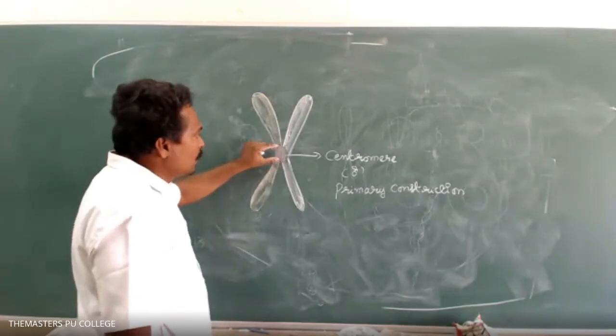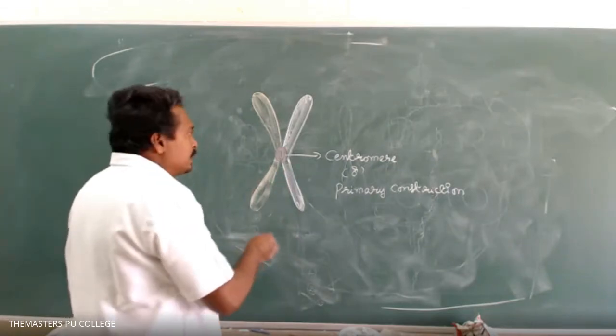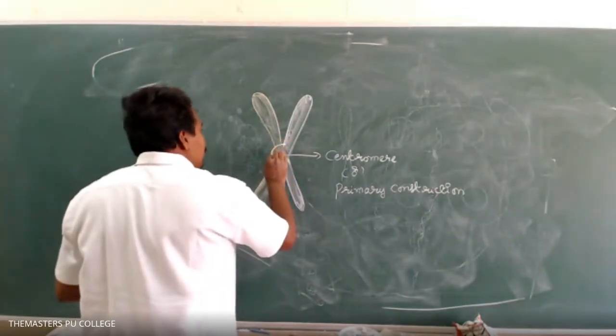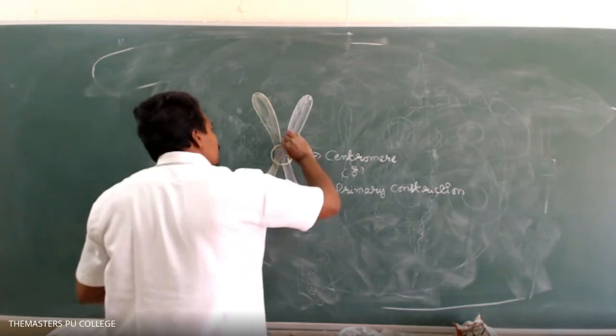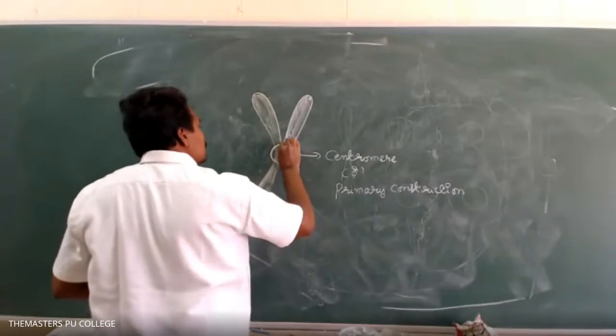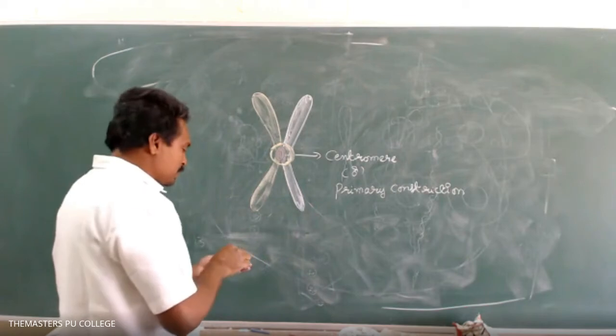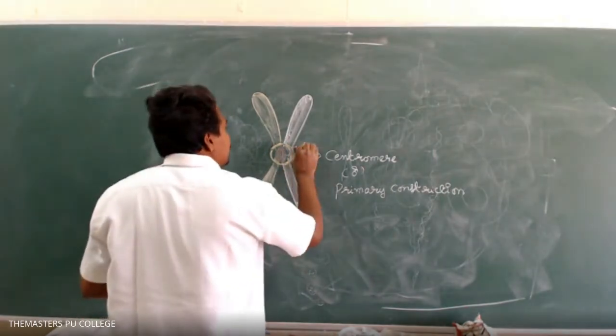The centromere is surrounded by the disc-like structure that's called kinetochore.